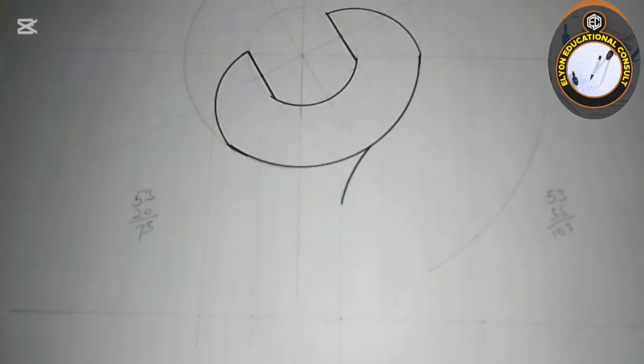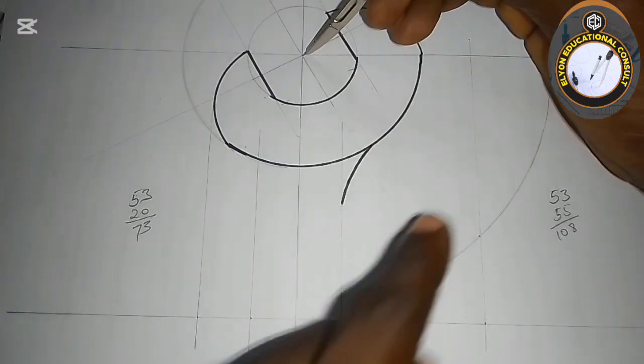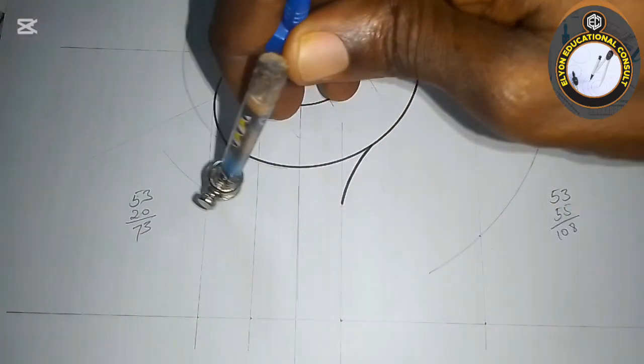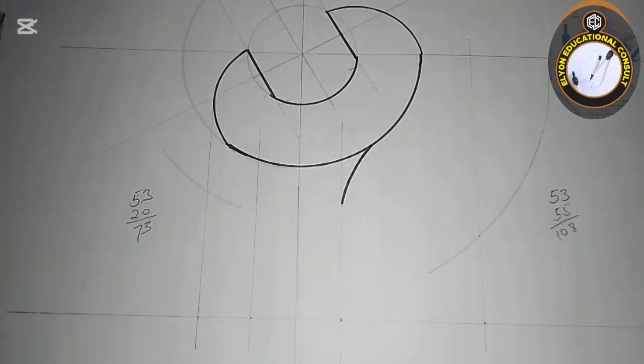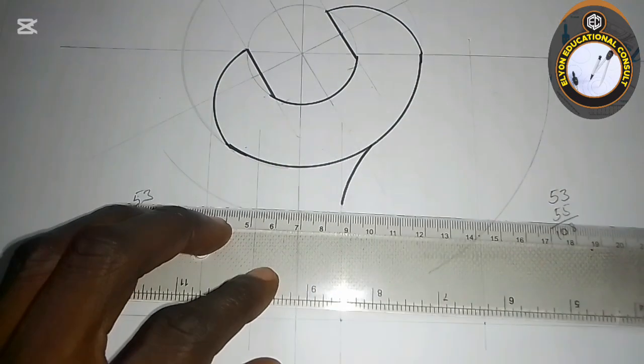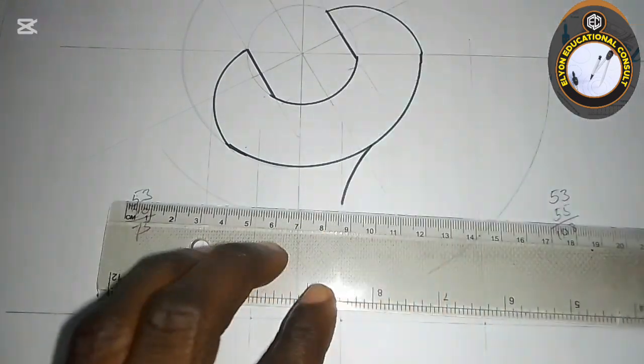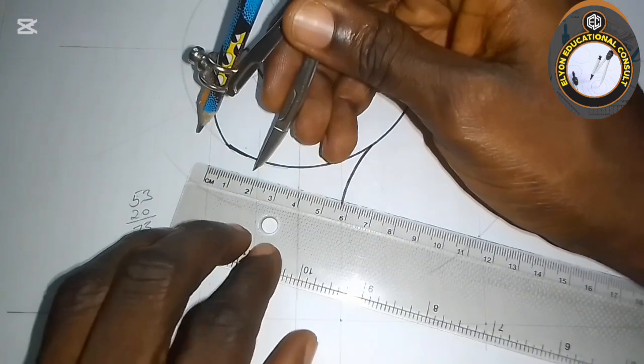So I will place at the center just like I did here. Now strike an arc. Take note where the arc cuts this vertical line we drew earlier also. So I will now reduce my compass to 20 because the radius of the tangent is 20.